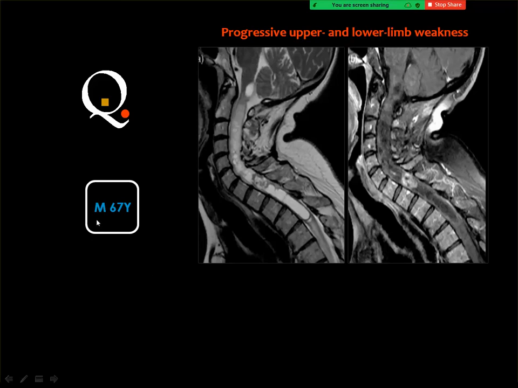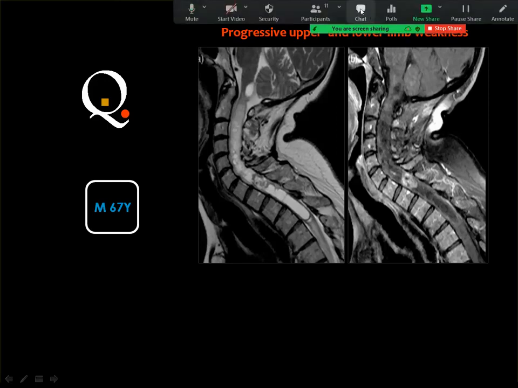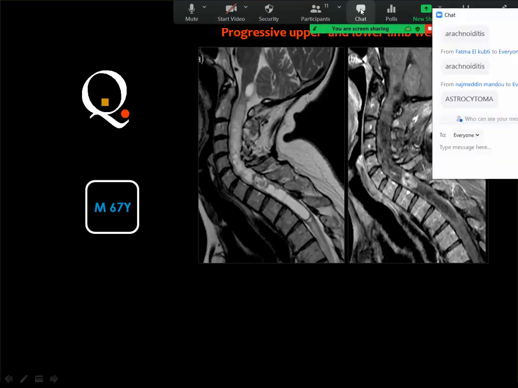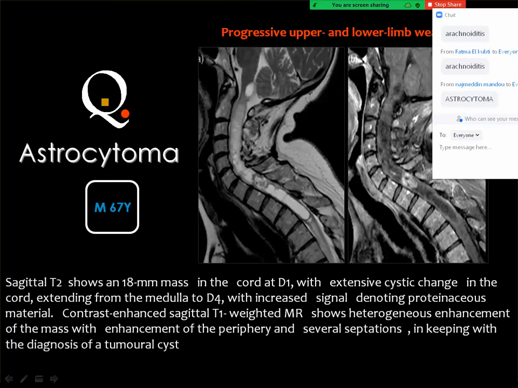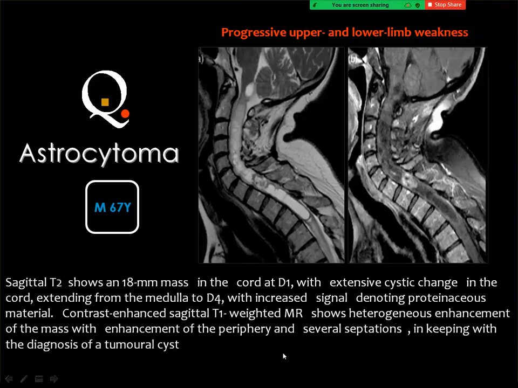This case is a male patient, 67 years old, presenting with progressive upper and lower limb weakness. Sagittal T2 and sagittal T1 with contrast show an extensive lesion in the spinal cord. Yes, astrocytoma is a good possibility, although the age is not helpful in the diagnosis.